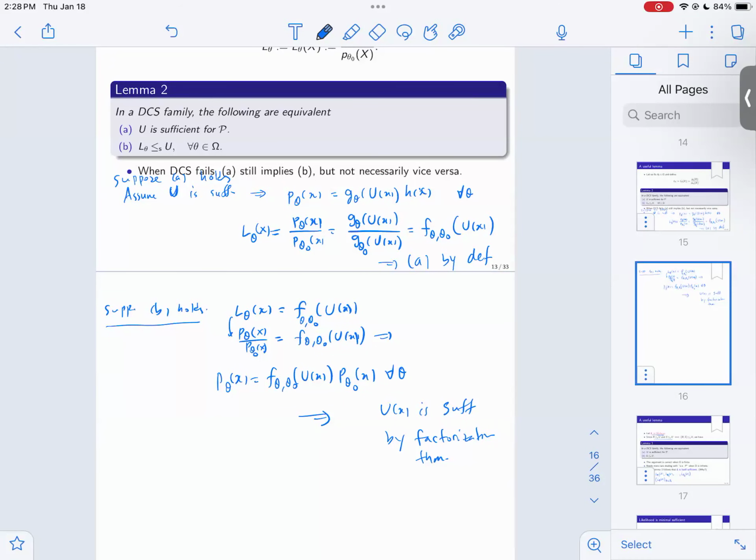So then when we drop the common support, A is still implied, but B is not necessarily implied. We'll see examples. But if the common support holds, you run into multiplication and division by zeros, so this argument would fall apart.